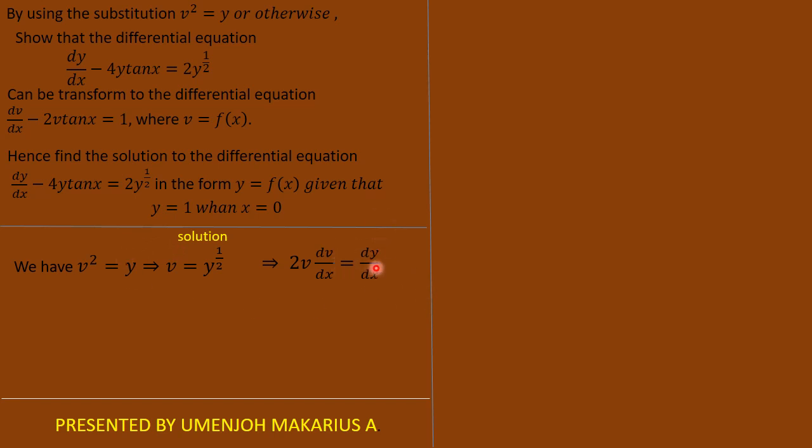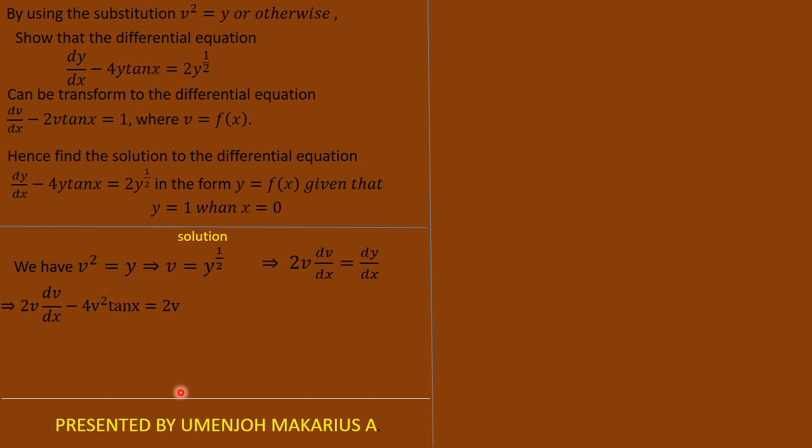Now guys, we are going to substitute this into our original equation. Here is dy by dx. We replace it with its value, 2v dv by dx. So we have 2v dv by dx minus 4y. What is our y in this case? V squared. That's why the v squared is here.